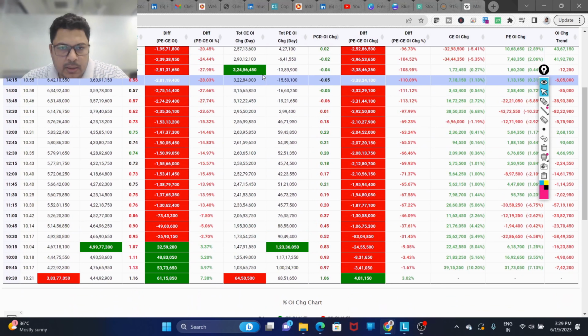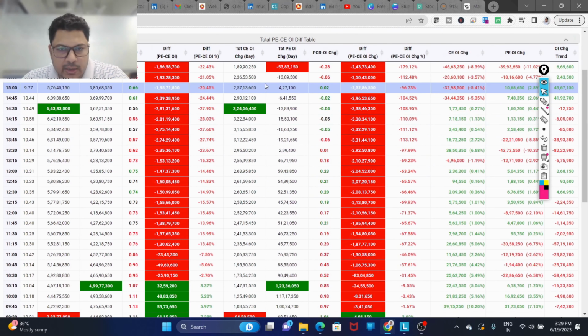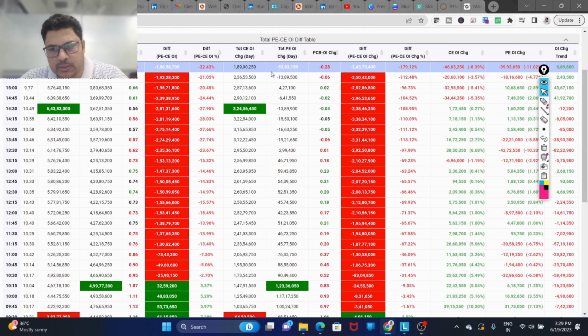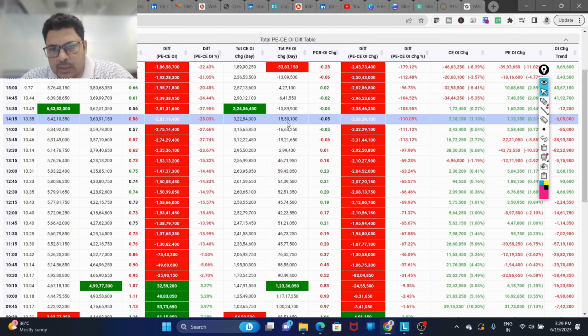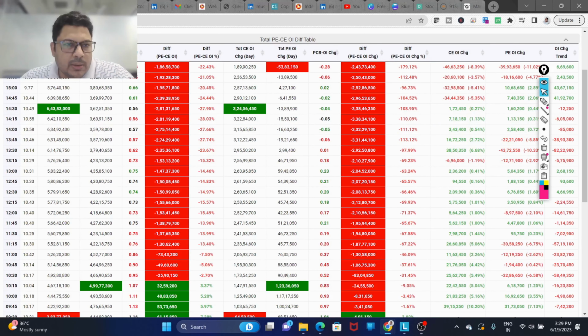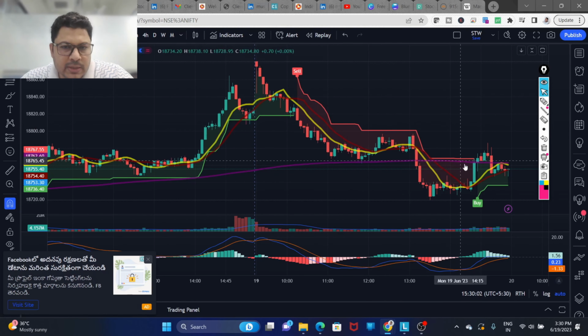A lot of times the data will not get updated in real time because it's not submitted also. So I have seen the days when this data works. I have seen the days when this data doesn't work. You have to completely rely on price action and what you can see on the chart and understand your psychology.